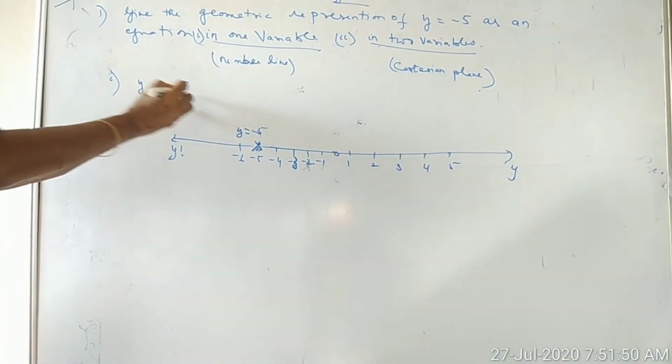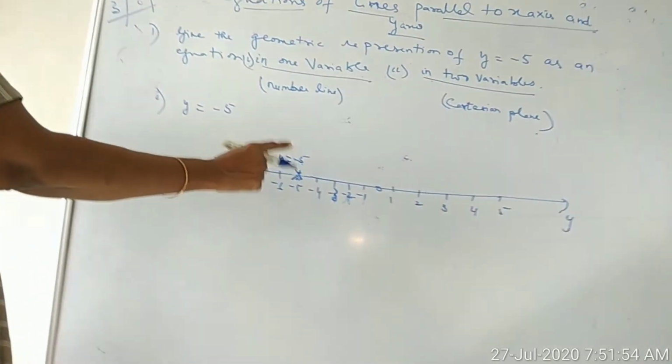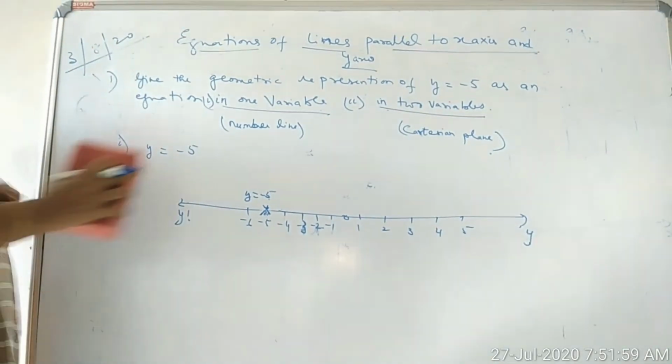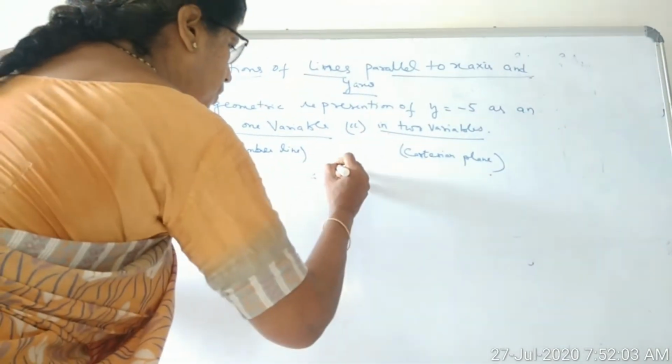Second one, I think you have followed, girls. In one variable means on the number line. In two variables means in the Cartesian plane.